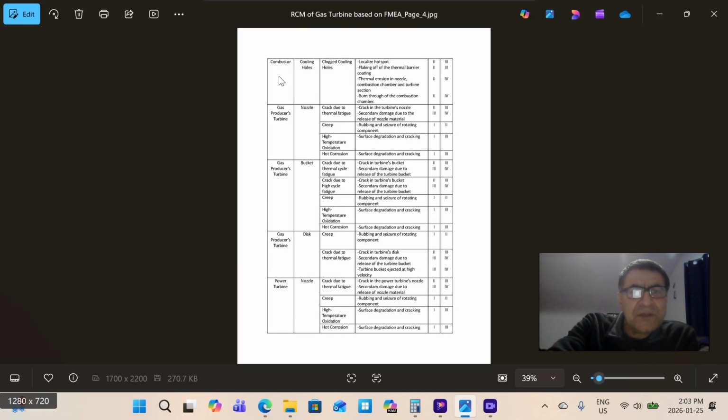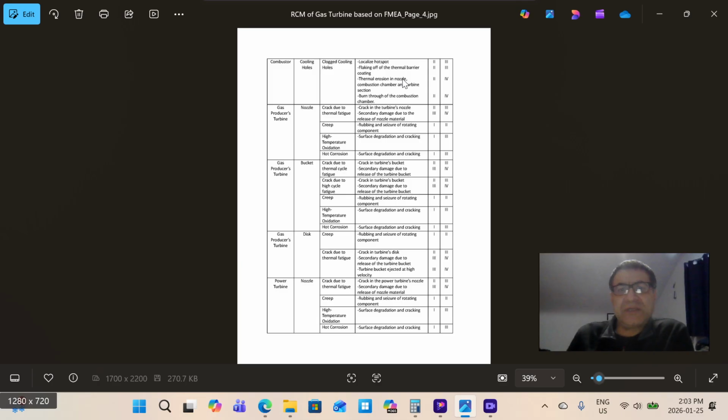So again, we are on the combustor component and the subcomponent cooling holes. Again, we have a failure mode, clog of the cooling holes, which causes thermal erosion in the nozzle, burn through the combustion chamber, failure of the thermal barrier coating, and we can face a localized hotspot.